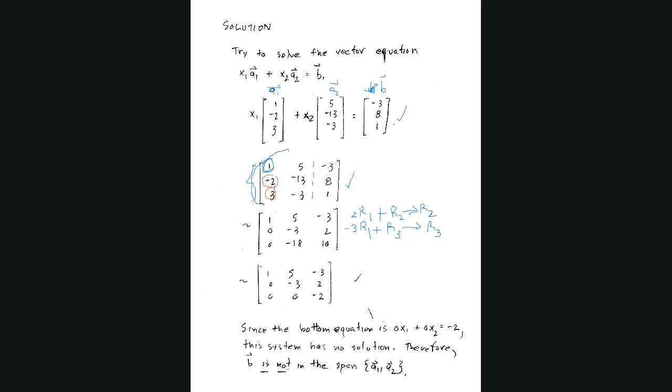I'm just going to leave the second row alone, but I want to produce a 0 where the -18 is. So I'm going to take the second row, multiply it by -6, add that to the third row, and put the result in the third row.